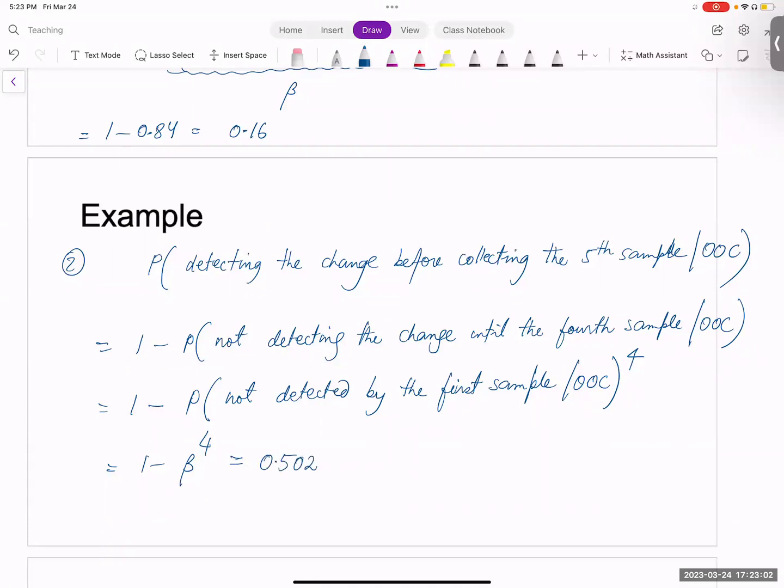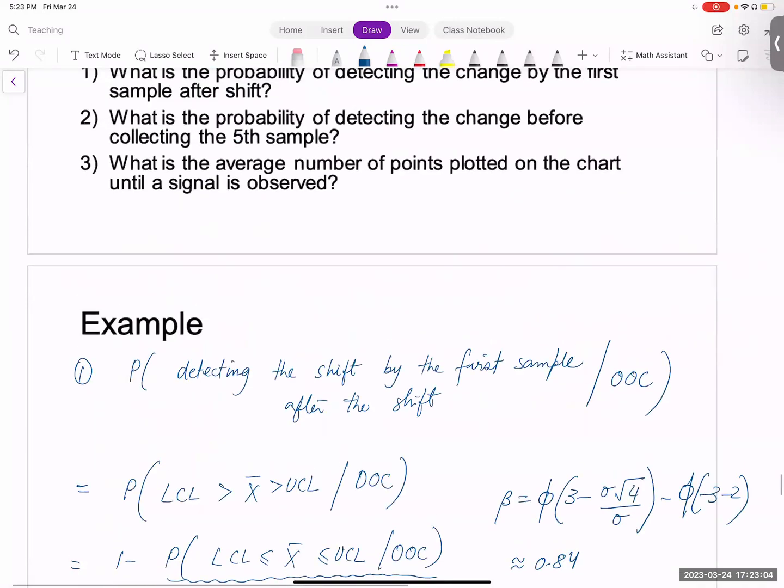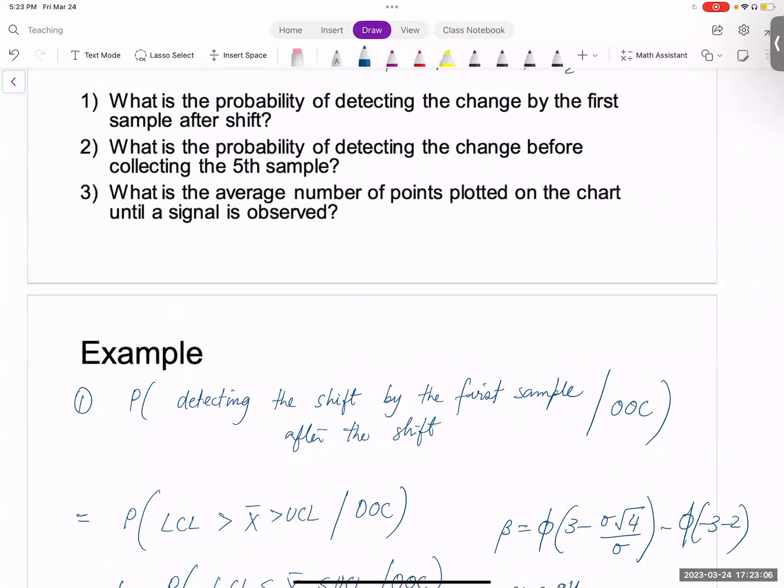0.502. Right? And then the last question is, what is the average number of points plotted on the chart until a signal is observed? When you say a signal is observed, it basically means until an OOC sample is plotted. And that's basically the definition of ARL1, average run length. Average run length is the average number of points plotted on the chart until an OOC signal or OOC sample is observed.